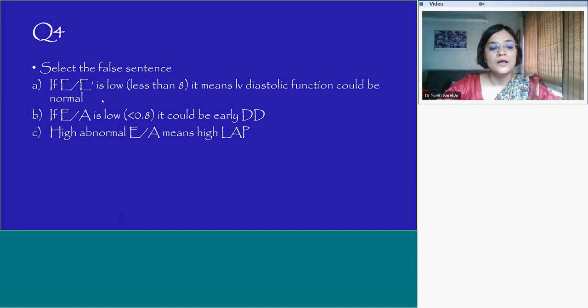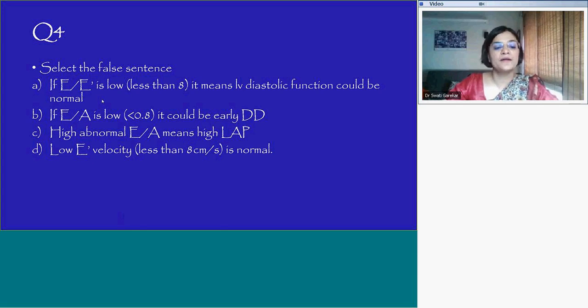Statement B, in early diastolic dysfunction, the E by A will be low. And statement C, high E by A means high LAP, absolutely correct. And high LAP means you're at the more severe end of diastolic dysfunction.